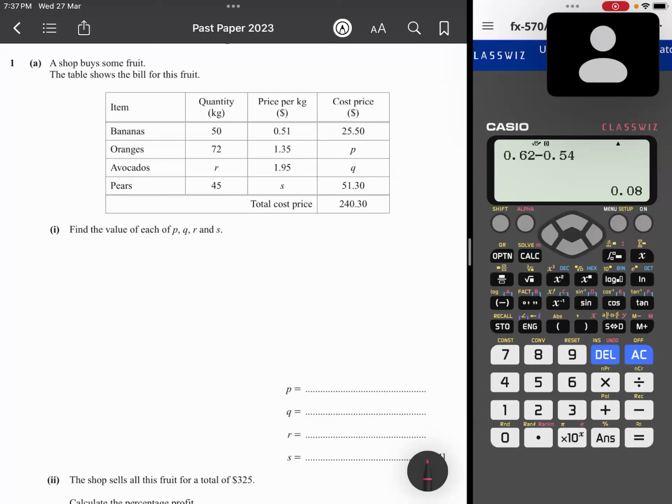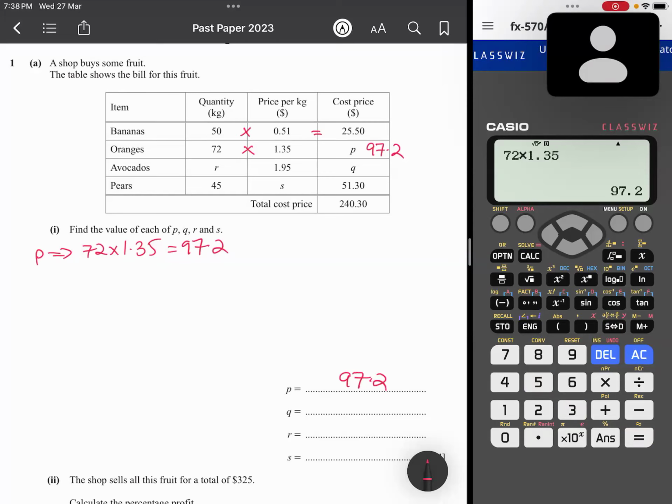Got it, everybody? So 72 multiplied by 1.35 would be P. So P is equal to what? 72 multiplied by 1.35. So 72 kg oranges, 1 kg is 1.35. So the value of P would be 97.2. So I will write 97.2 here and in the answer line as well.